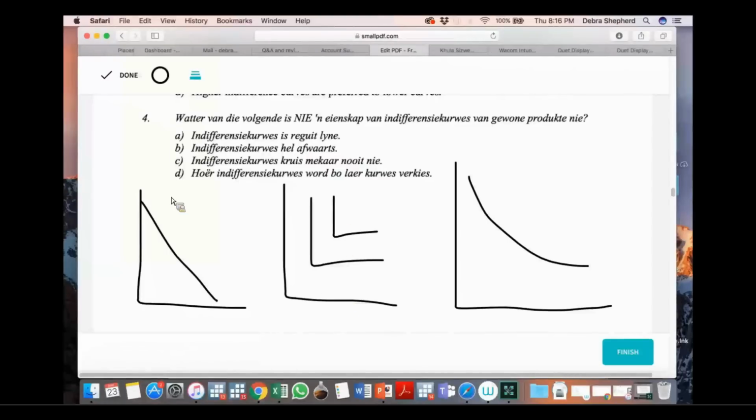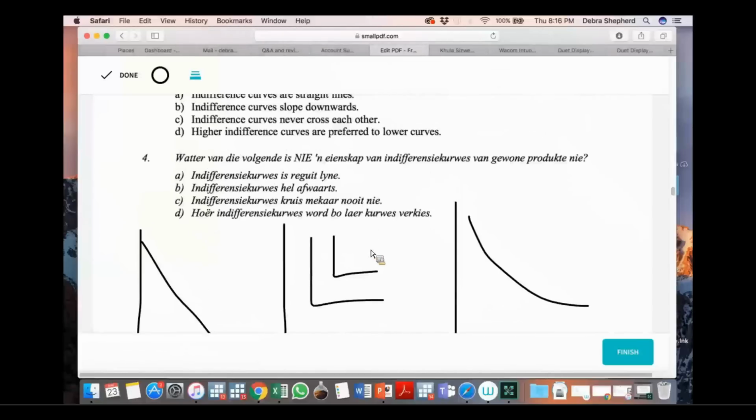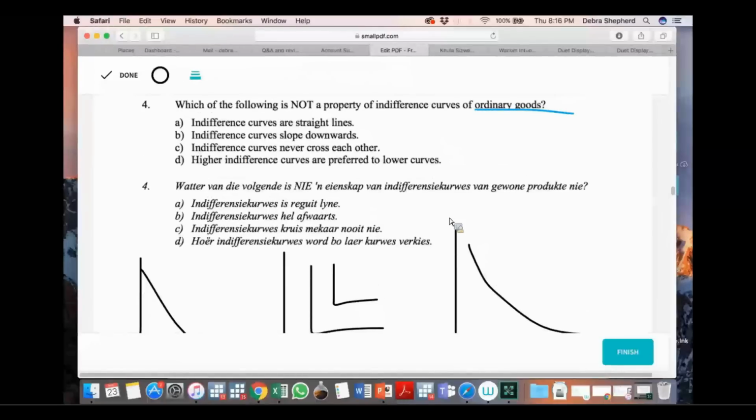Okay, so this is a perfect substitute, perfect complement, ordinary good. So in terms of the answers they give, ordinary goods are not straight lines, okay? Because this would describe a perfect substitute. So that makes A correct because the question is asking which is not a property.